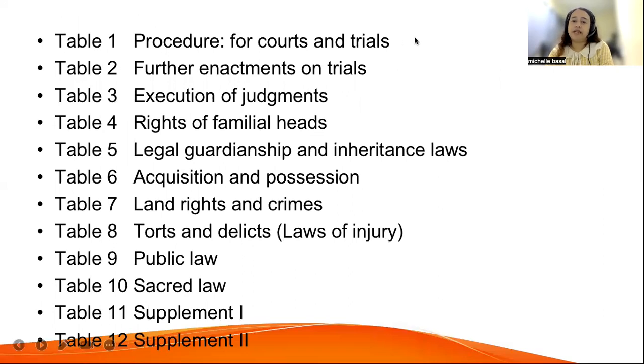But this law is very important because it actually established a procedure for courts. Table 1 is the procedure for court. So courts were now recognized.